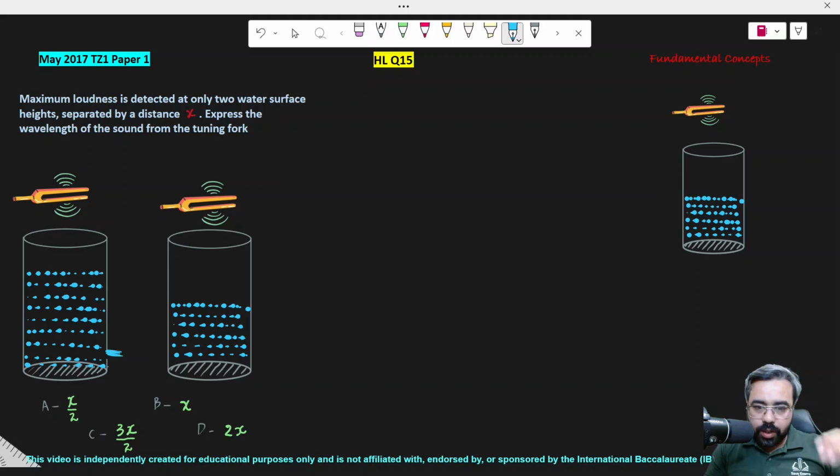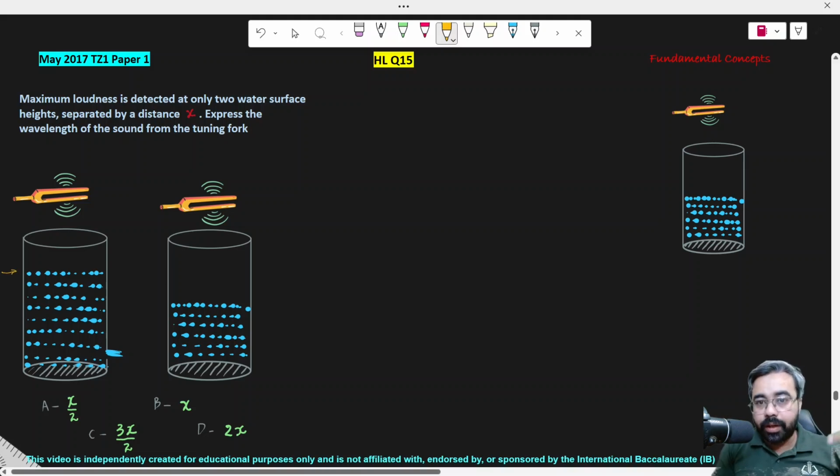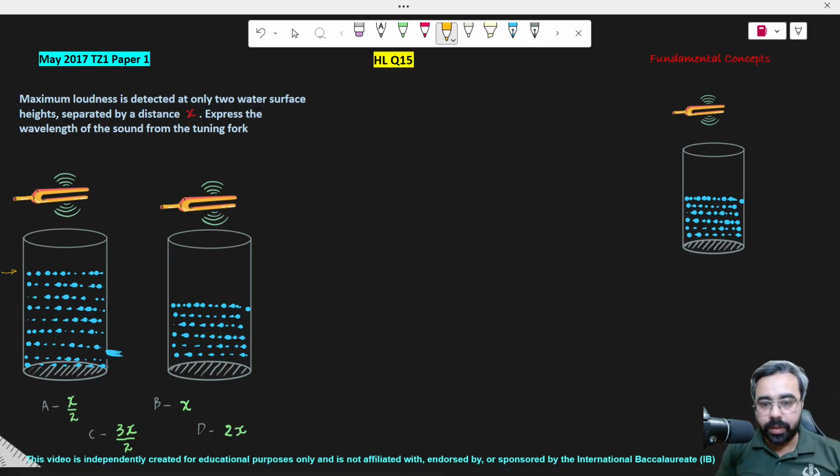Okay. So, we observe the first loudness of the standing wave when the water reached this level. And then we heard the next harmonic, meaning the next loudest sound of the standing wave, when the water level reached that point.